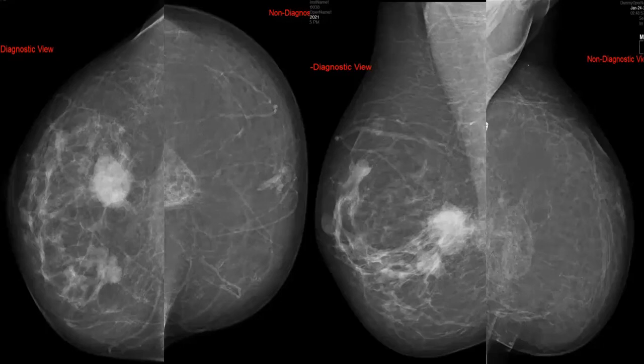Mostly fatty breast. What is the difference between the two? For the left breast, it's A. For the right breast, I think it's A, but because of these masses, it gives us some areas of higher density.